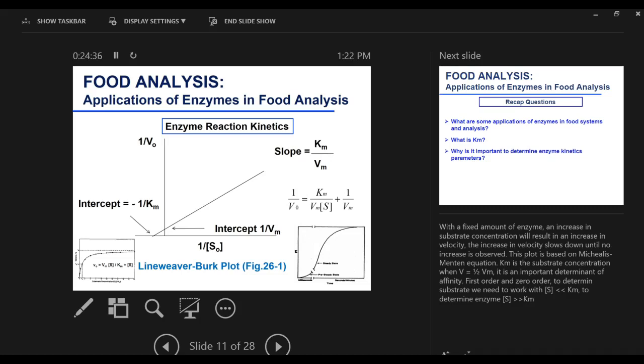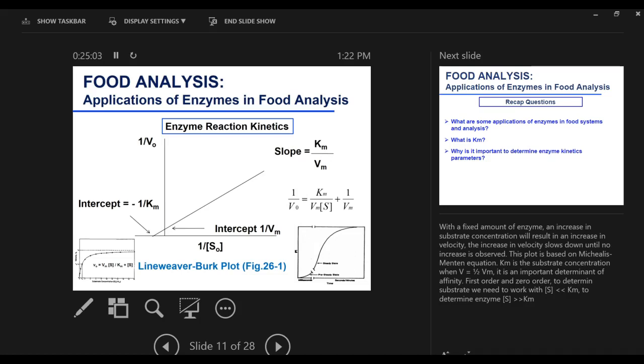And this is your regular linear regression line, where your y you would measure from your reaction. You would measure the concentration of the product over time, so you can get the initial velocity. So you have this value. And then you're searching for the Km and Vmax.